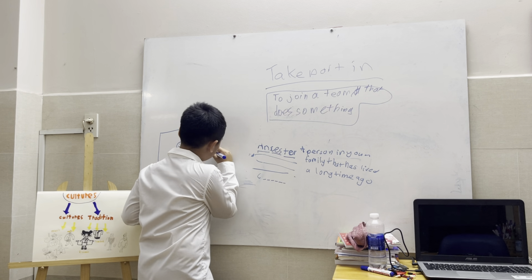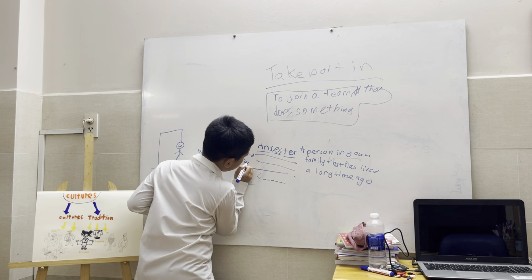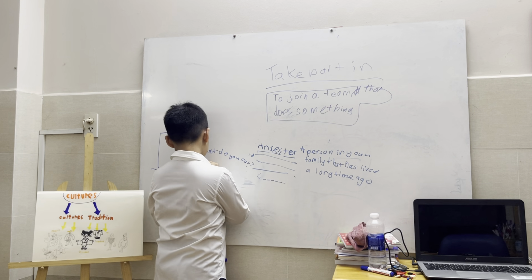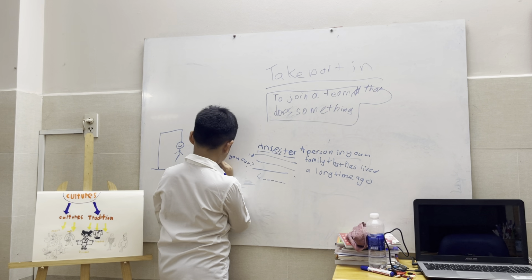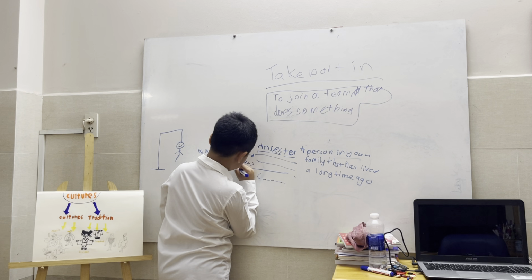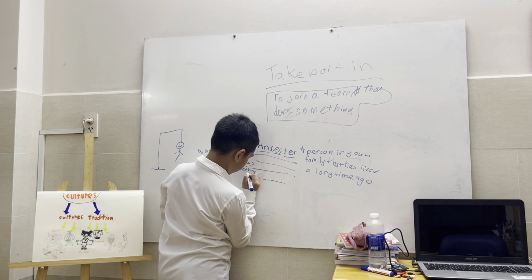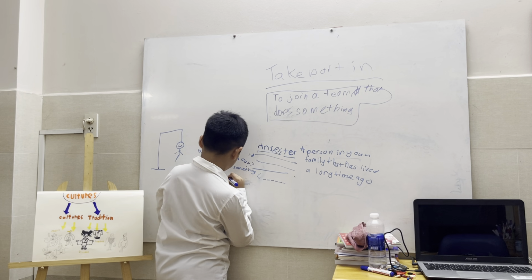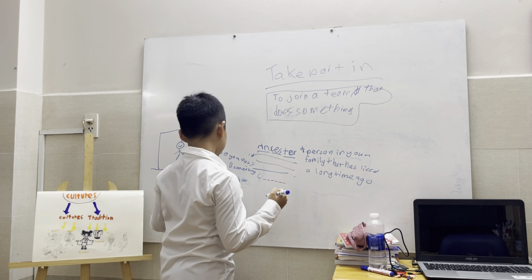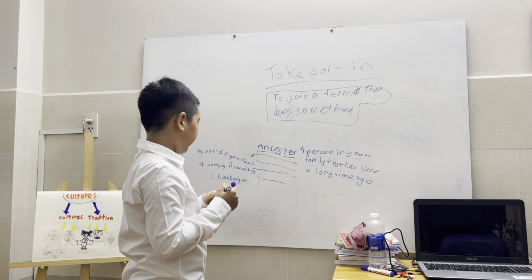What do you eat? A, nothing. B, something. C, hamburger. This is a little tricky because it's a question that can follow you.